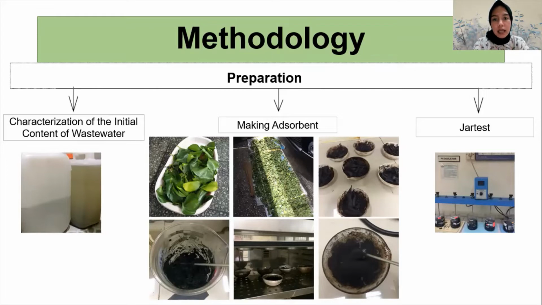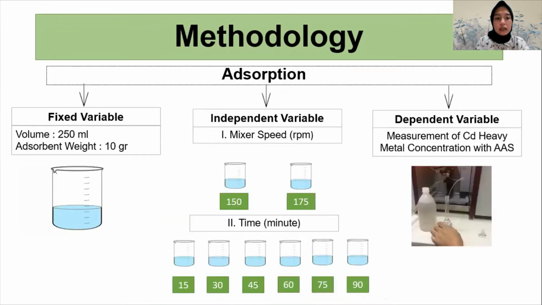And the last is analysis using a jar test. At the adsorption stage, first are the fixed variables: the volume of wastewater as much as 250 milliliters and the weight of the adsorbent as much as 10 grams.